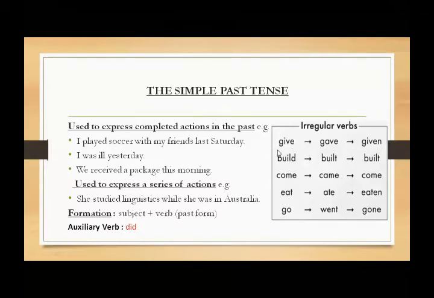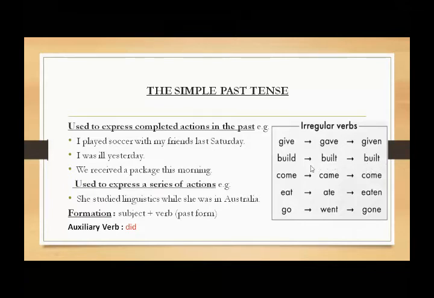Just like the first form is give. You can see here, the second form is gave. The word has been changed, and the third form, I mean the past participle, is given. Just like build: the second form, the past tense, is built, and the third form, the past participle, is built.